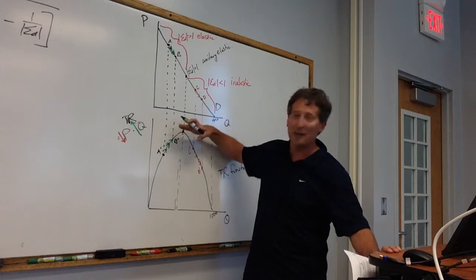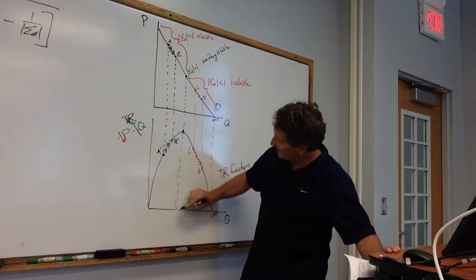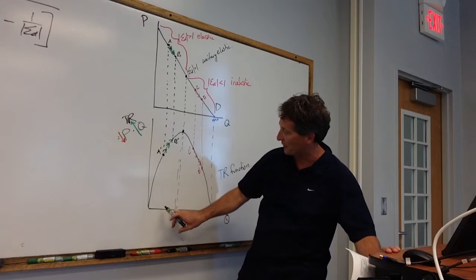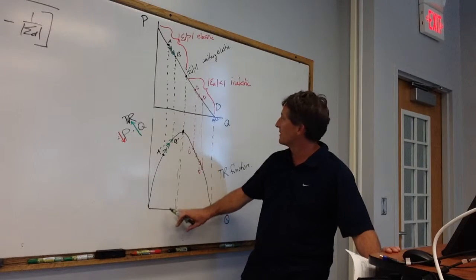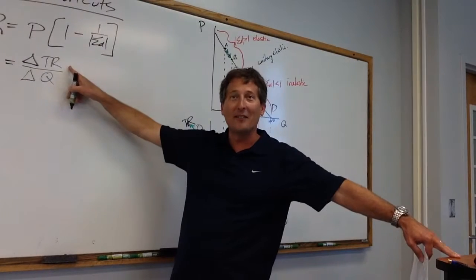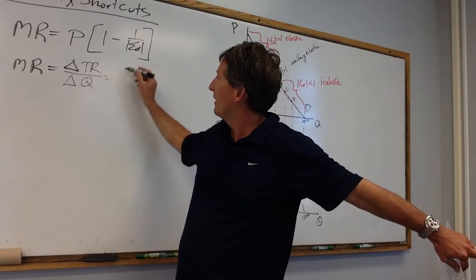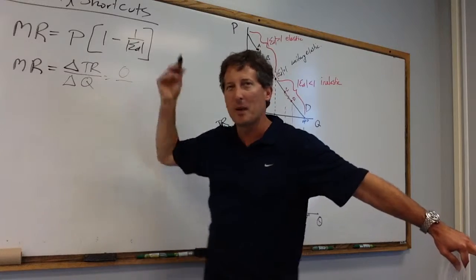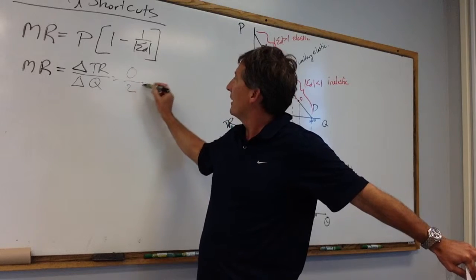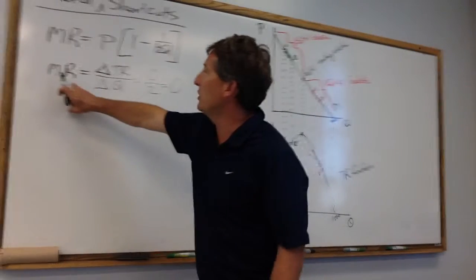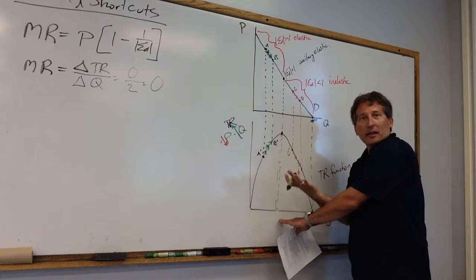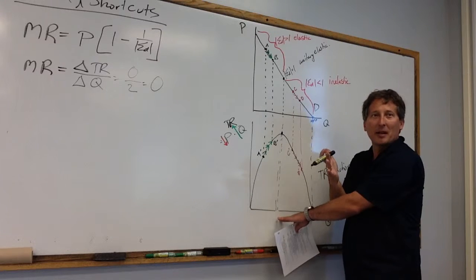I was trying to be right at the tippy point, and I meant 400 units, so 450 units to 451 units, or whatever. If I'm right at this point, the change in revenue is basically 0 divided by the change in quantity, which might have been 1 unit or 2 units or whatever, but 0 divided by whatever is 0. So the revenue generated by an extra unit at this maximum point is nothing. That's how we know that we've reached the maximum, right?